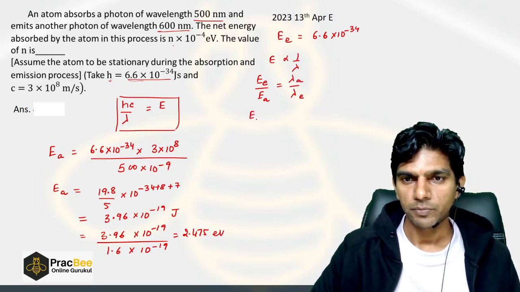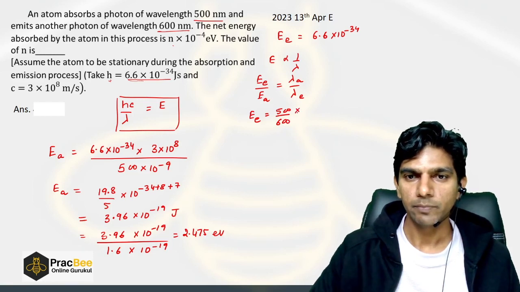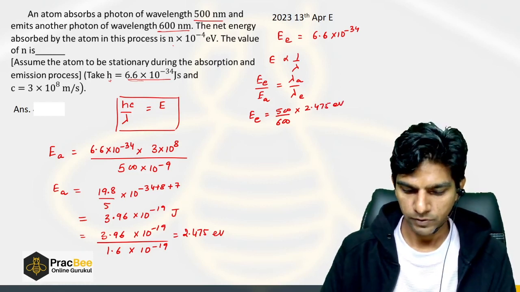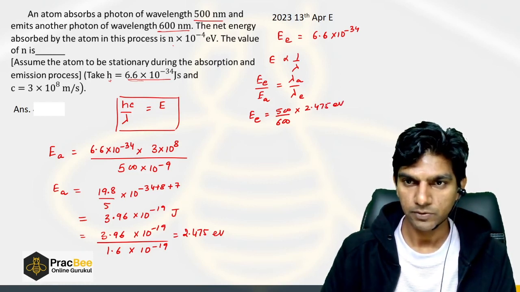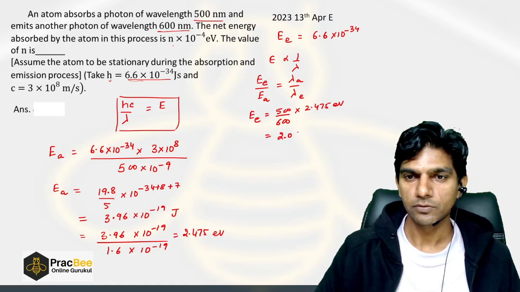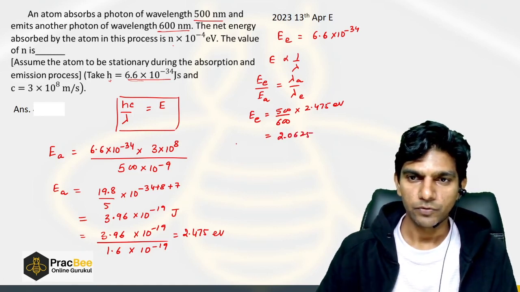So the energy of emitted will be 500 nanometer divided by 600 nanometer multiplied with 2.475 electron volt. If we simplify this, we have 5 divided by 6 times 2.475, so it comes out to 2.0625. Now let us take the difference of these two.